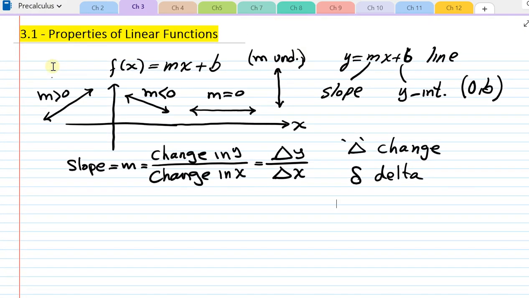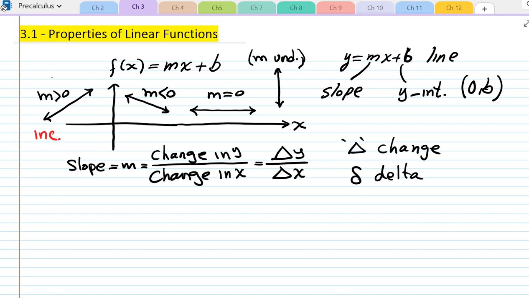Now, that's about all as far as the slope of a line or a linear function is concerned. It is worthwhile to mention that if the slope of a line is positive, then the linear function is increasing. If the slope's negative, the linear function is decreasing. And that means it is falling. The other case is when it's rising.